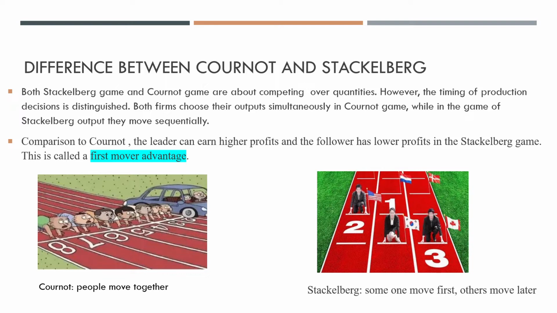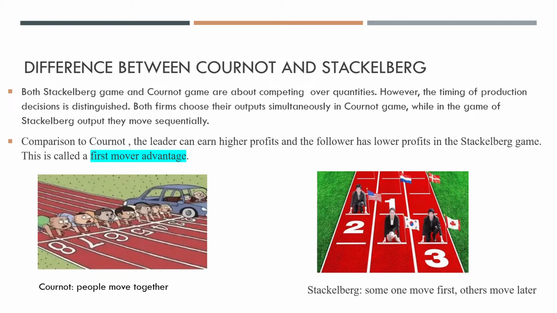However, it has similarity with the Cournot models, because both the Stackelberg game and the Cournot game use output to compete with each other in the market. However, the difference is, as we learned before, in the Cournot model all the firms produce at the same time, so they don't have the opportunity to know each other's output at the time they want to produce.